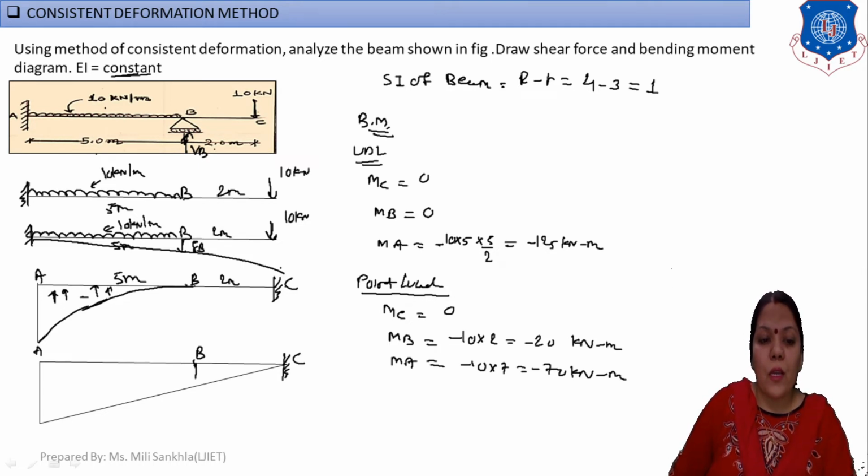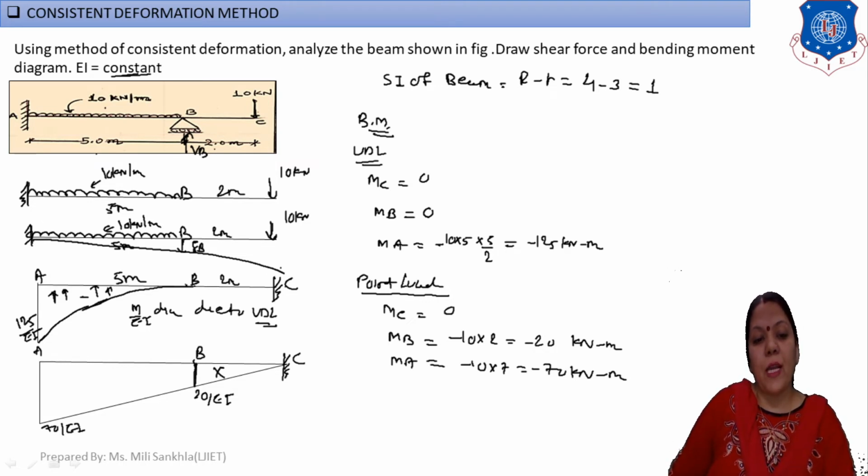Now here we get the moment 20 by EI, and here we make the moment 70 by EI, and this moment is our 125 by EI, and this is the M upon EI diagram due to the UDL. Now look at this. This portion we cancel out, because here we find the deflection at point B. So cancel this part.